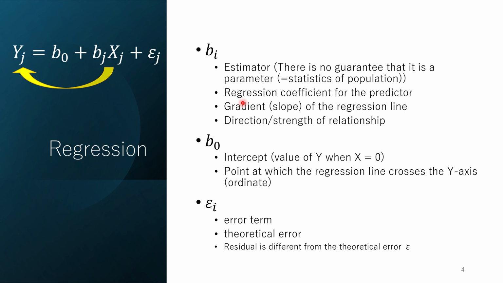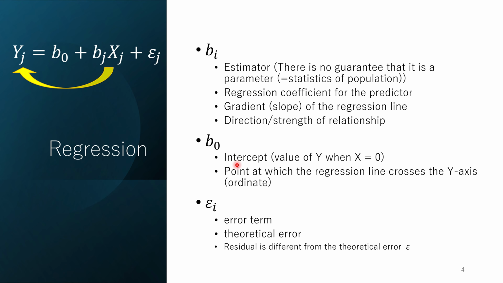Beta is not always the parameter. Parameter means the population's value. B is only the sample value. So if the assumption is violated, then B is not the parameter, only a biased estimator.